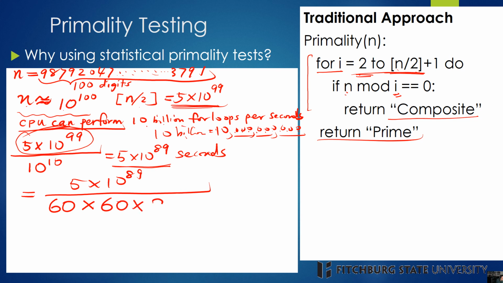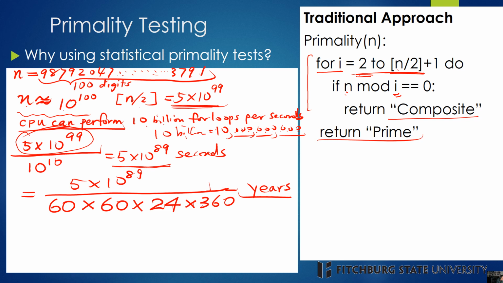And then the number of hours divided by 24 gave you the number of days, and then divided by 360, that's the number of days in a year. So this gave you the total number of years I need to take to complete this for loop. What does this tell you?